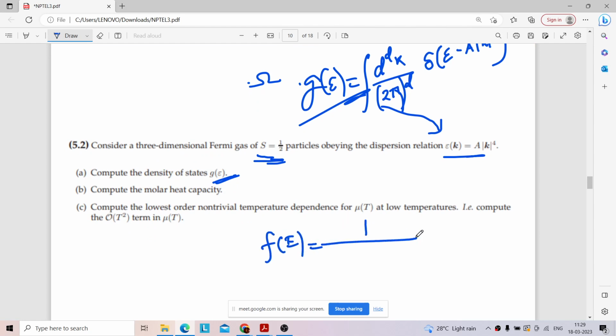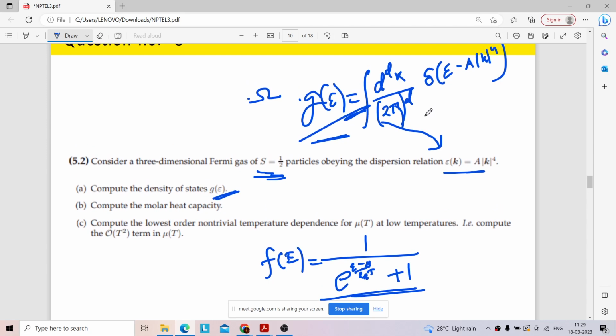So this will be 1 over e to the power epsilon minus mu over kb t, now plus 1. From the density function, we will get g of epsilon, and you have the distribution already. Then if you want to calculate n or heat capacity or whatever, you can simply put these terms and calculate this.